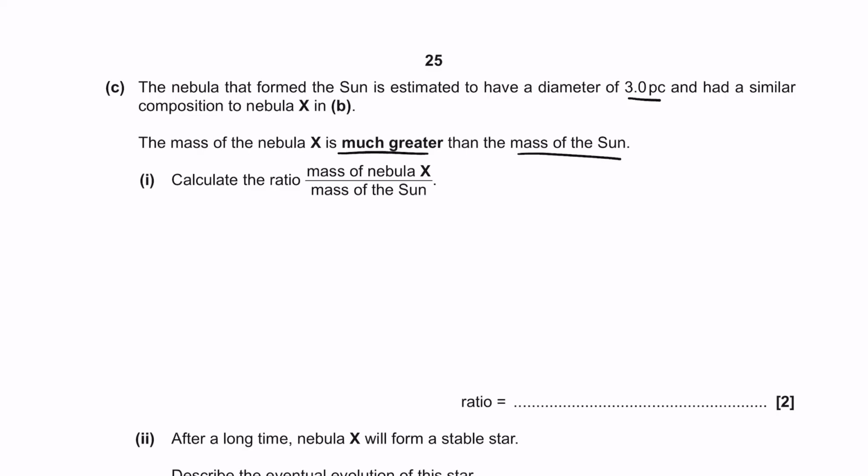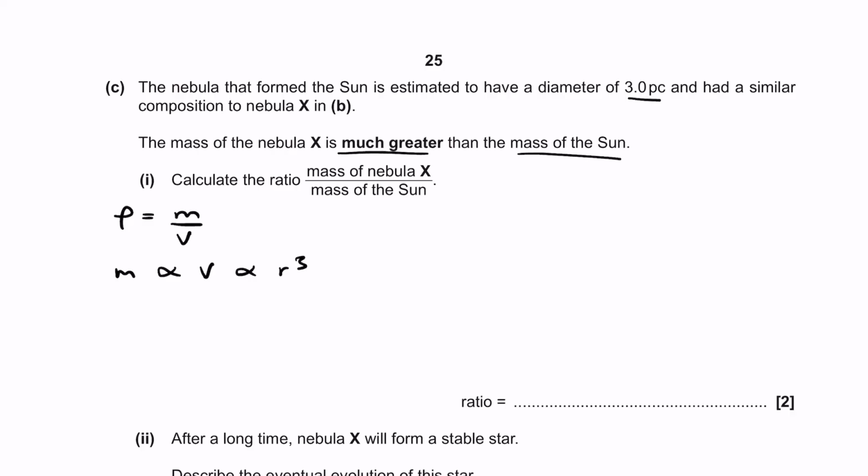So I'm given the diameter; diameter is related to volume, volume is related to mass, and we know that density is mass over volume. So if we say the density is constant, then the mass is proportional to the volume, which is then proportional to r cubed, or diameter, it doesn't matter, because you're just changing the proportionality.